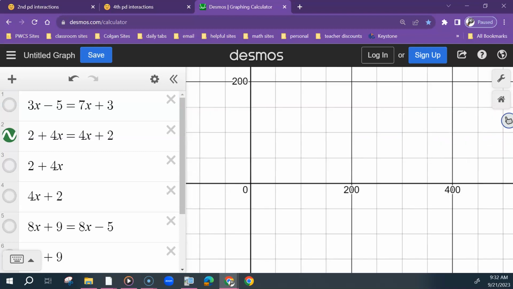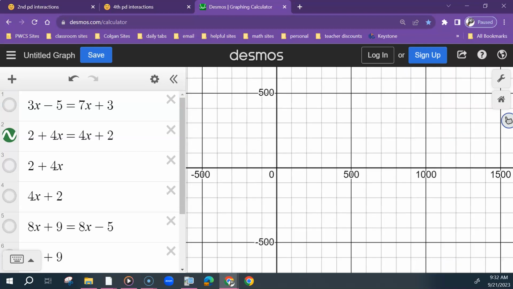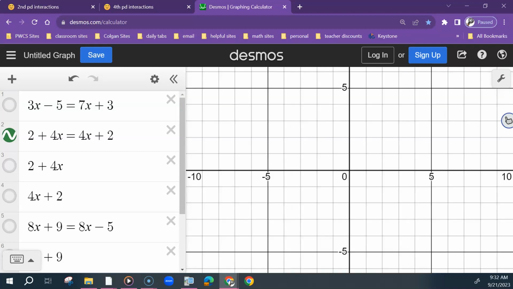And it's not an error with Desmos, it's just you don't see anything. So what you have to do instead is put in each side separately. And I don't know if you saw what just happened, but the two lines overlapped. They graph on top of each other. So that's what this second one is showing, that they're overlapping, graphing on top of each other.